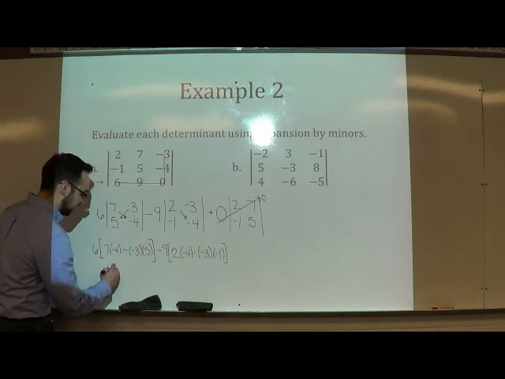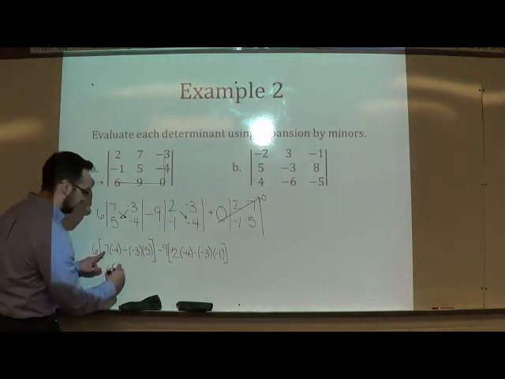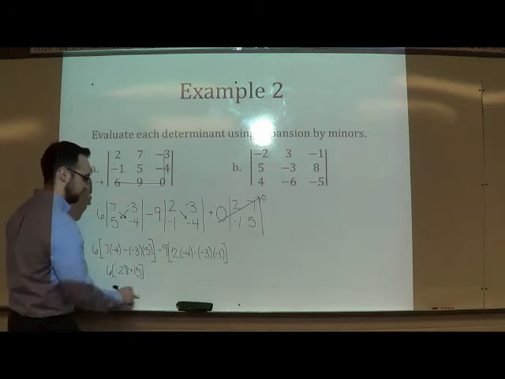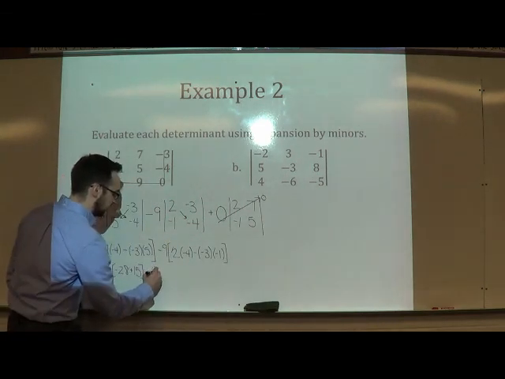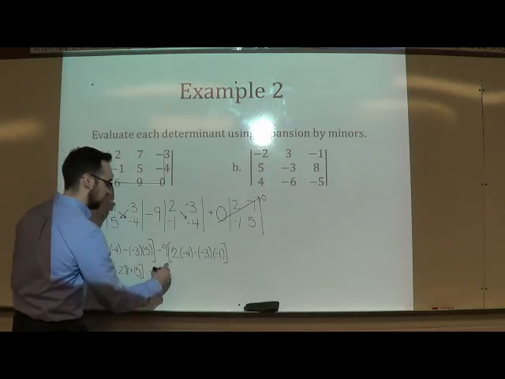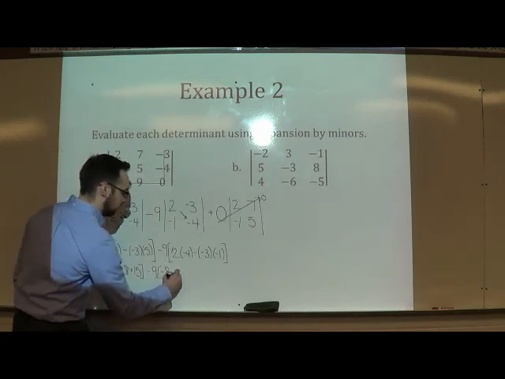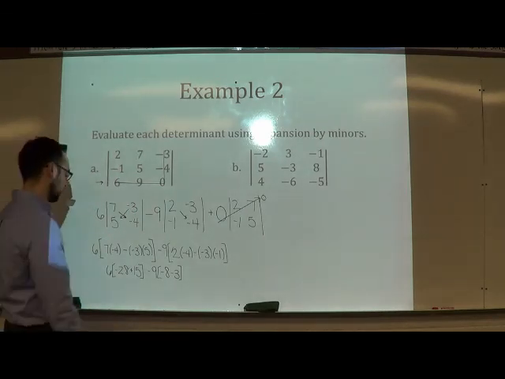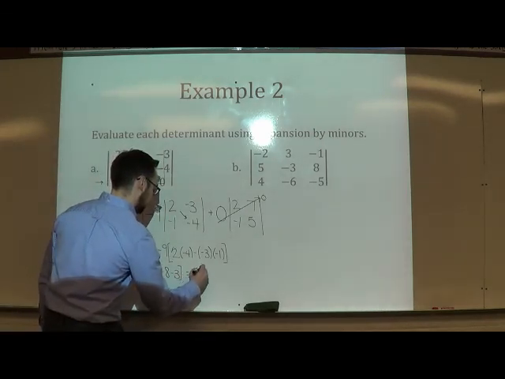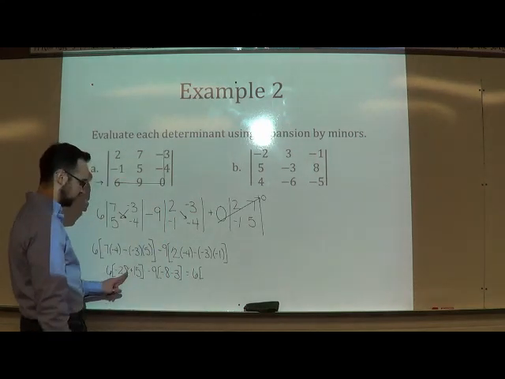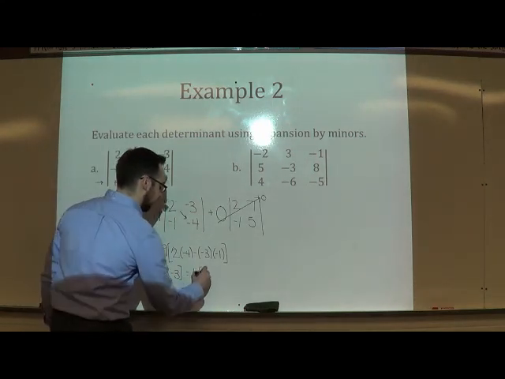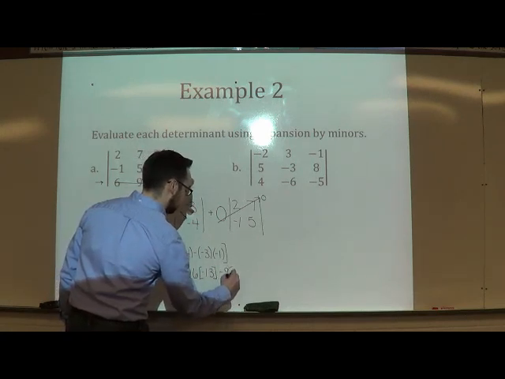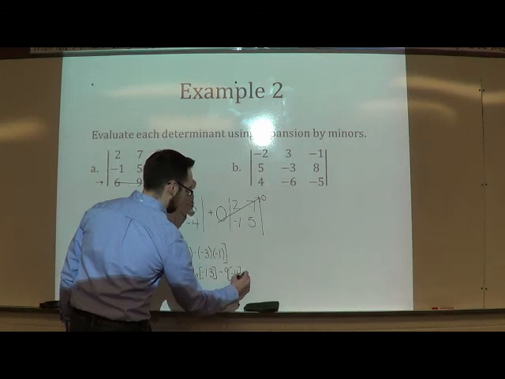So down here we have 6 times the quantity, -28 plus 15 minus 9 times the quantity, -8 minus 3. So I have 6 times -28 plus 15 is a -13 minus 9 times -11.